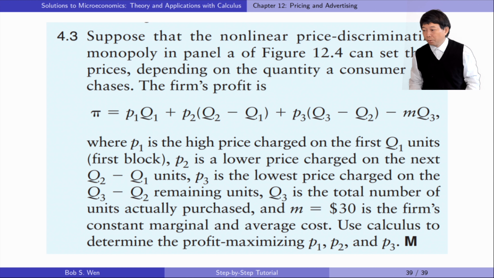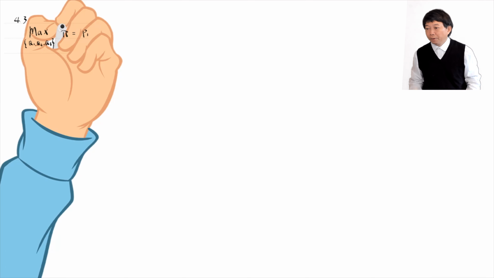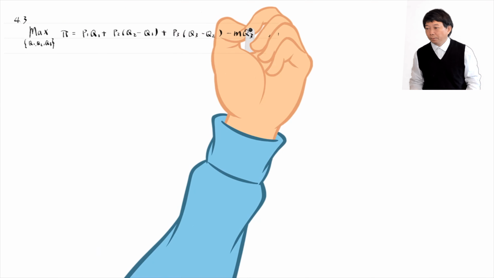Use calculus to determine the profit maximizing P1, P2, and P3. In figure 12.4, the block price monopoly sets 2 prices. In this exercise, the monopoly sets 3 prices based on the quantity of purchase. We first write the firm's profit function.